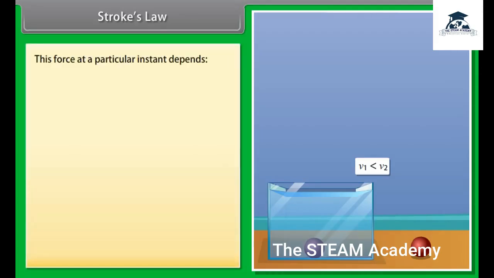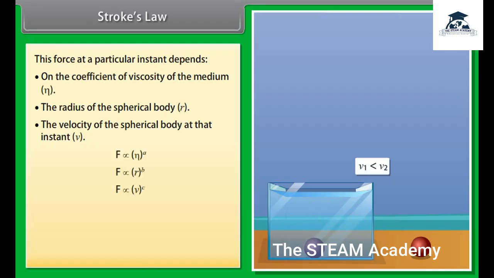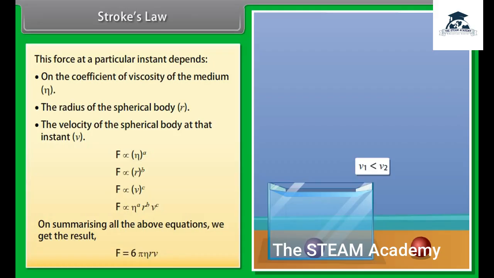This force at a particular instant depends on the coefficient of viscosity of the medium, the radius of the spherical body, and the velocity of the spherical body at that instant. Force is directly proportional to η, radius and velocity. On summarizing all the above equations, we get the result F = 6π η r v.